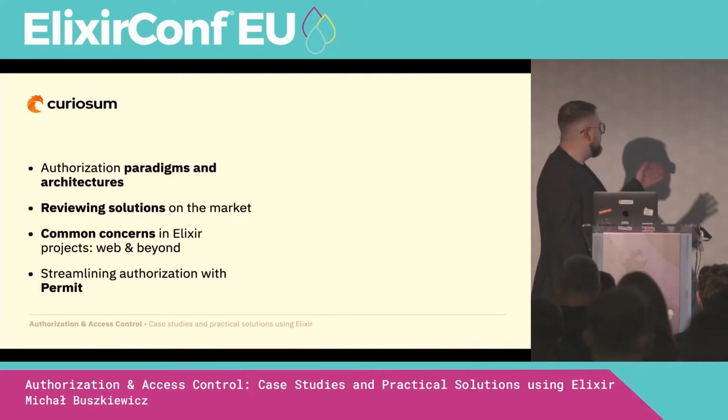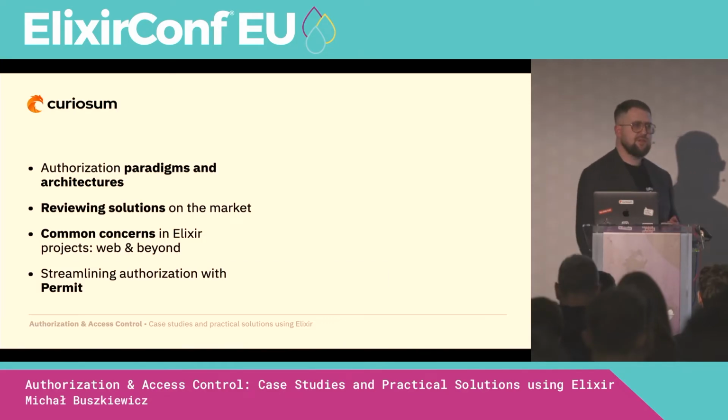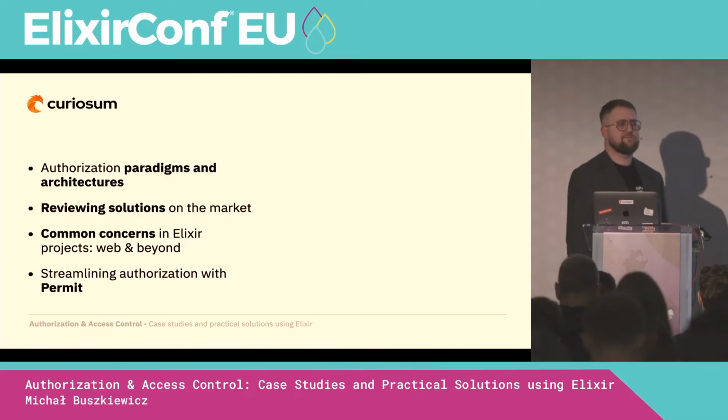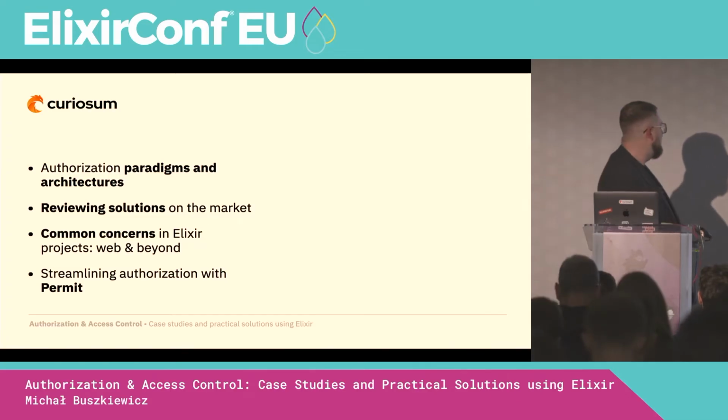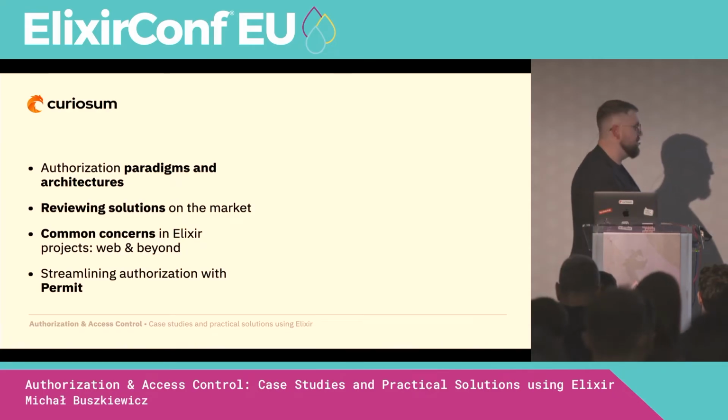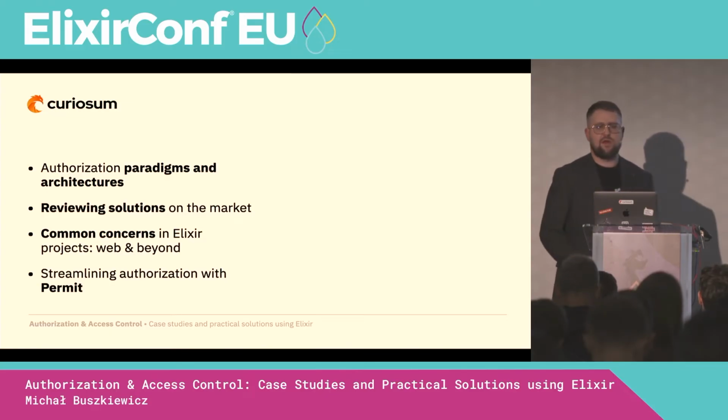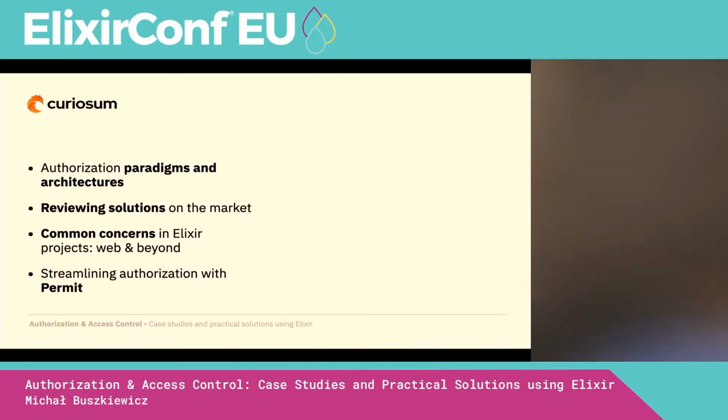We will review which of these paradigms and architectures are realized by specific libraries on the Elixir market. We'll talk about some of the common concerns we see in Elixir projects that may be pain points to some extent. And lastly, we'll talk about how we streamline authorization with our Permit library.